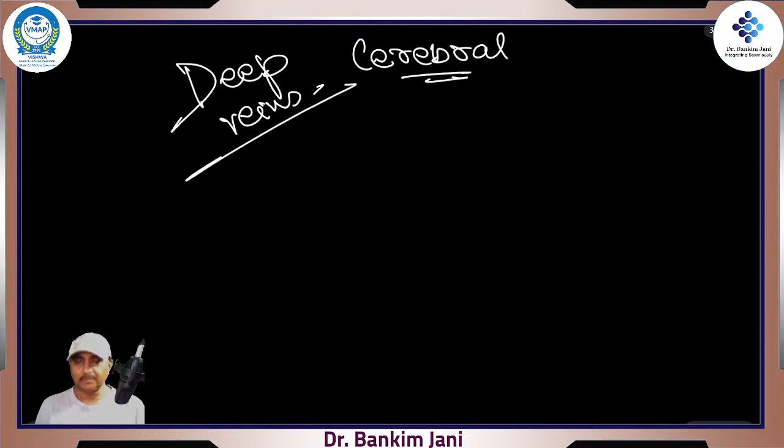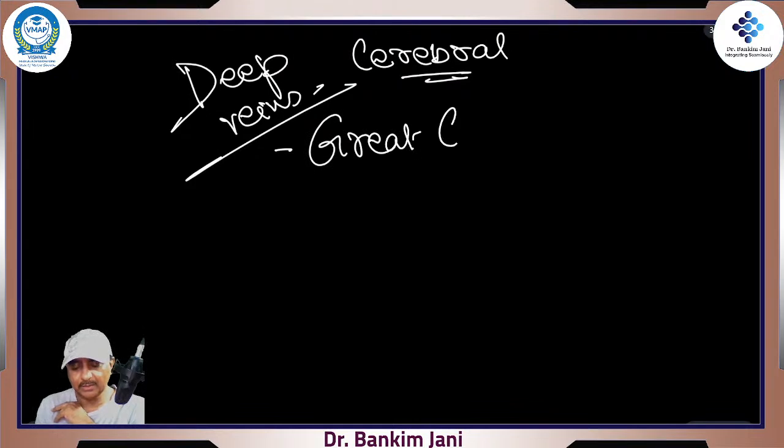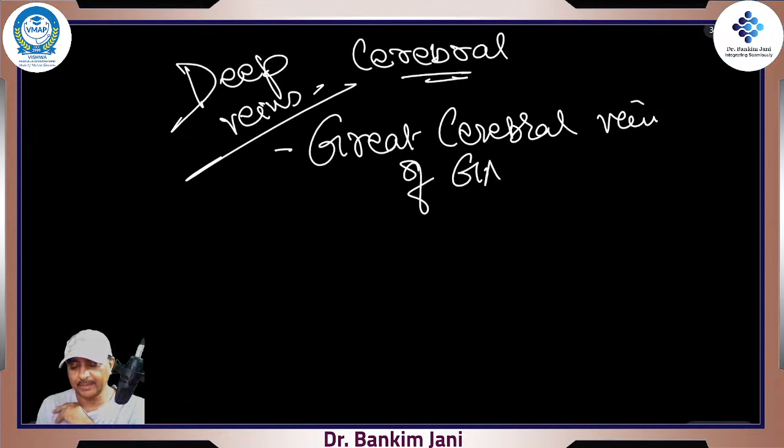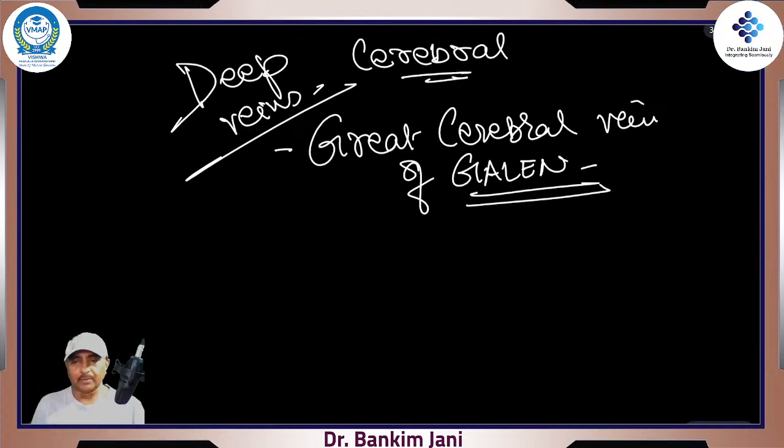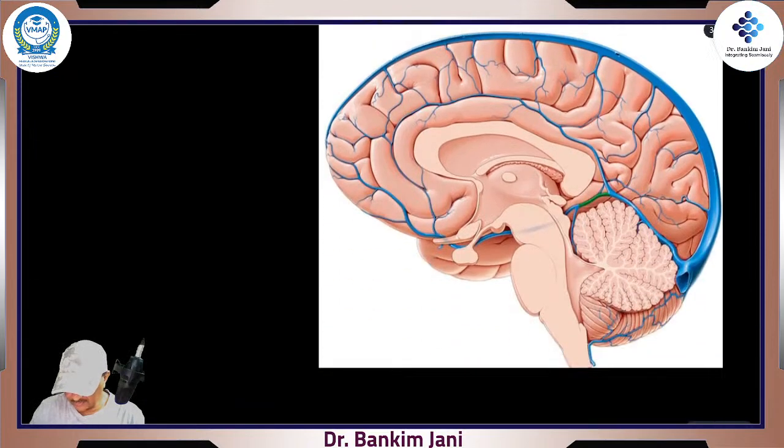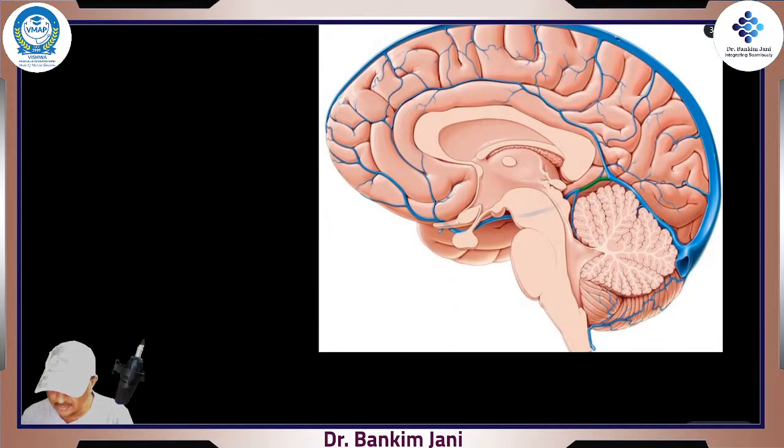In that, there is only one major one, and that is what is called the great cerebral vein of Galen. We would like to see where exactly it is. Here it is. Let's highlight it.